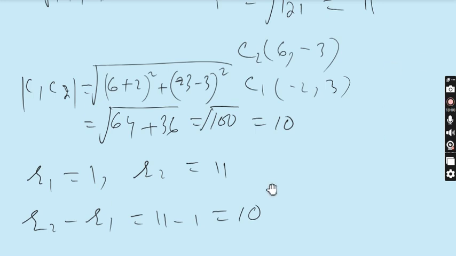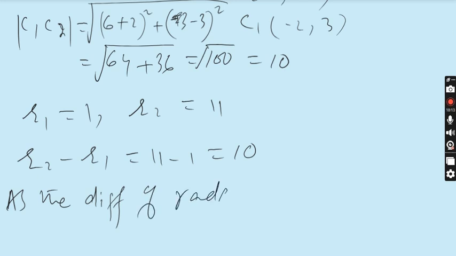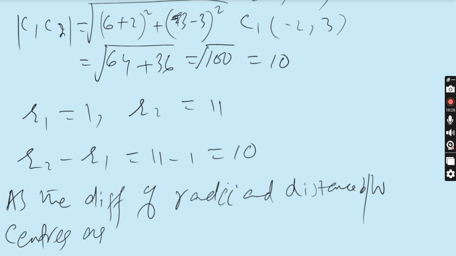Hence, now you have to write: as the difference of radii and distance between centers are equal, hence circles touch internally.